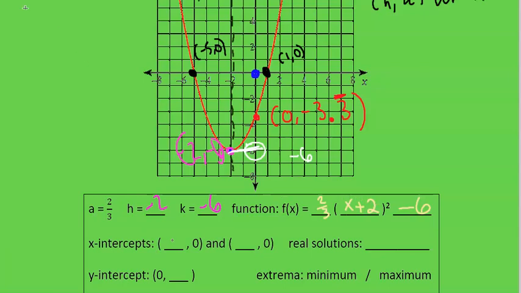The x-intercepts, you would write -5, 0 and 1, 0. The real solutions are -5 and 1. The y-intercept is going to be the -3 and 1/3. And then the extrema is a minimum.